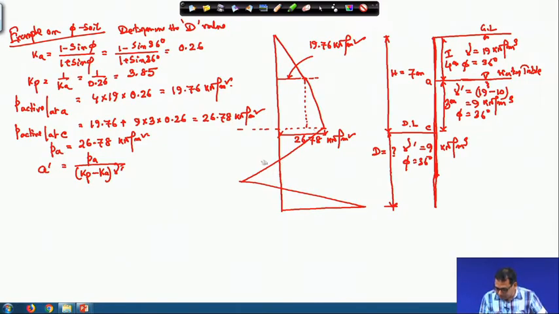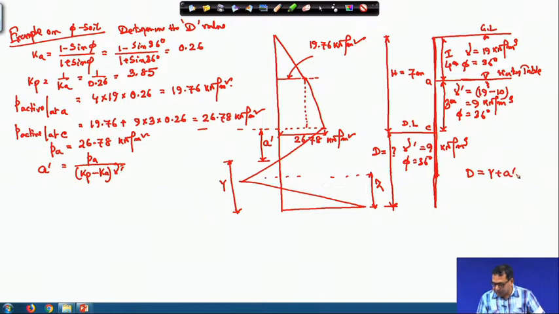This portion is A dash, the maximum one is capital Z, from here to here the base is capital Y, and the total one is D. So D is capital Y plus A dash. A dash I will get from here, so I can draw this diagram.